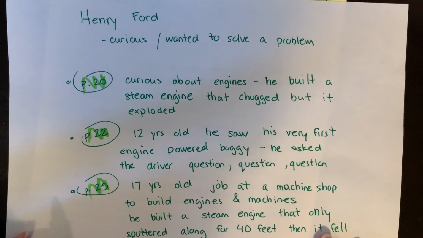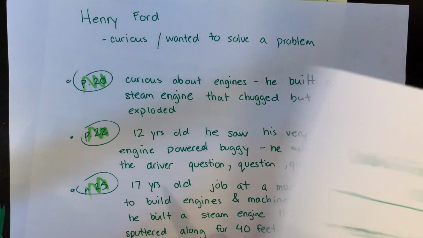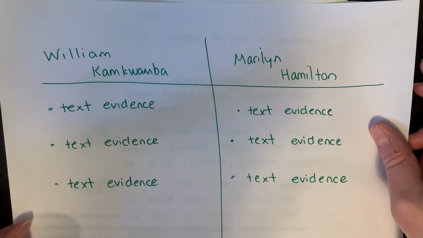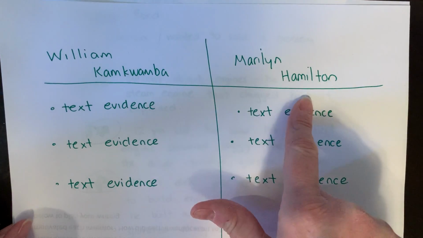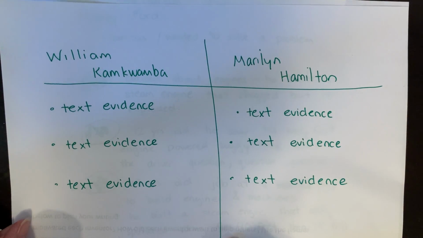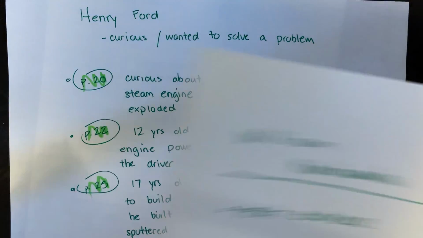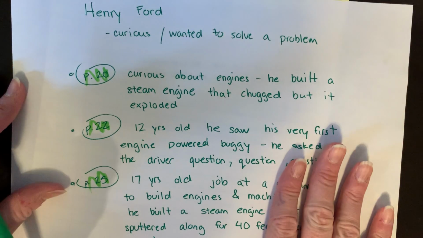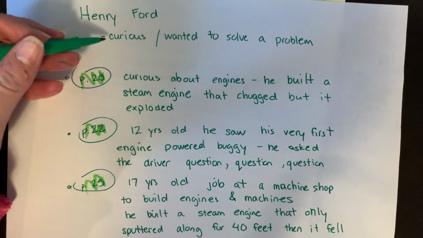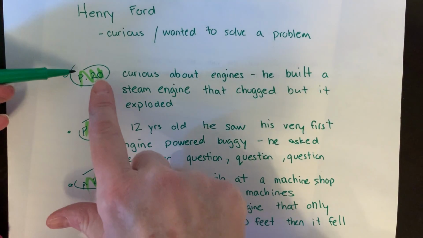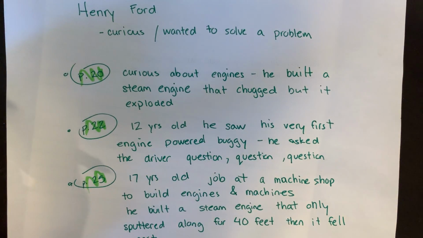So I'm going back to my notes from yesterday. You are going to refer to your T-chart from yesterday. So you have your T-chart with William and Marilyn with all your text evidence. I'm going to refer to mine for Henry Ford, right? So I said he's curious, wanted to solve a problem, and then I had evidence from different pages.